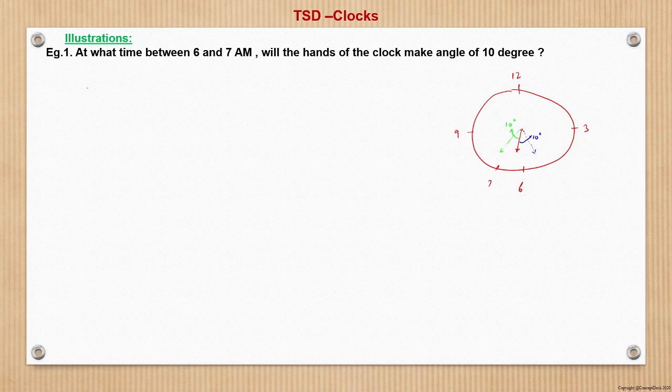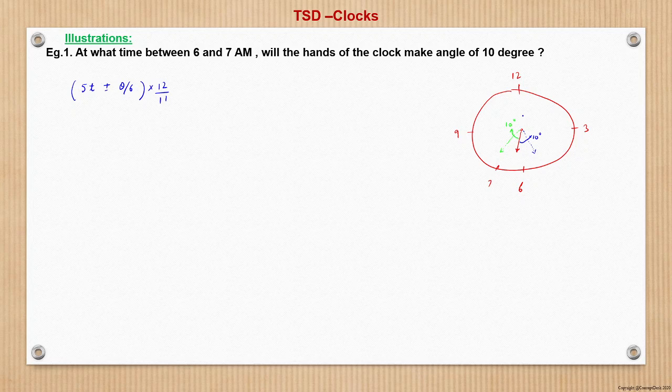Basically, a direct formula we had also seen: the time is given by 5t plus minus theta by 6, into 12 by 11, right? How come this? Because at this point of time, we can take an anchoring point, like at 6 o'clock.